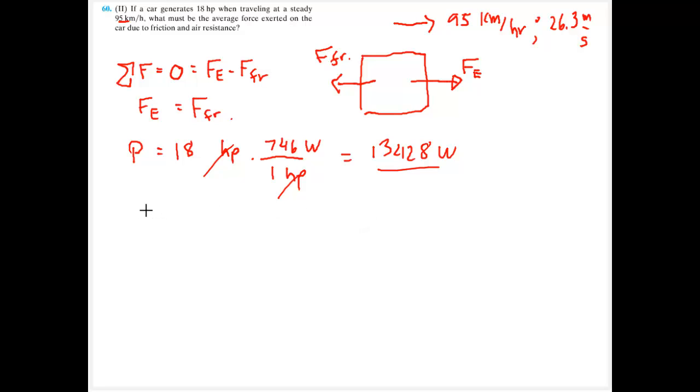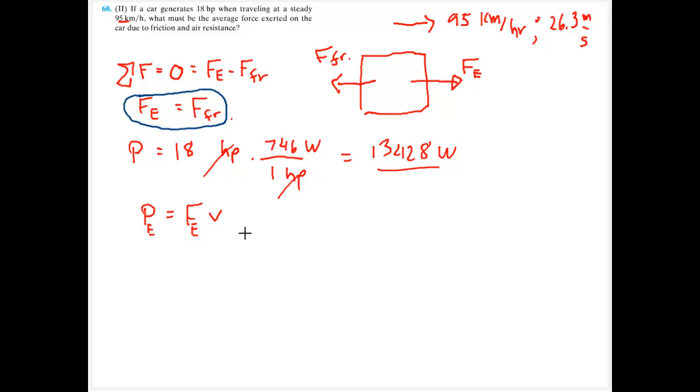And lastly, we know the relationship between power and force. Power of the engine is the force of the engine multiplied by the velocity. But we know from Newton's second law that the force of friction and the force of the engine are the same.